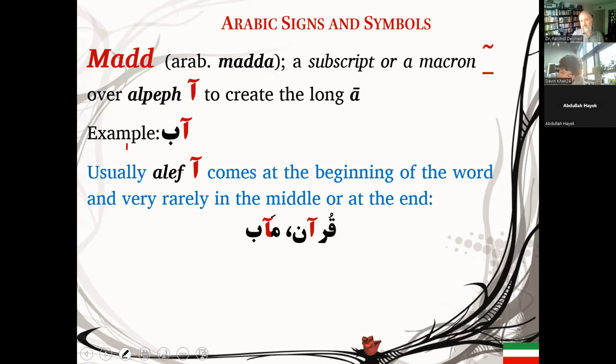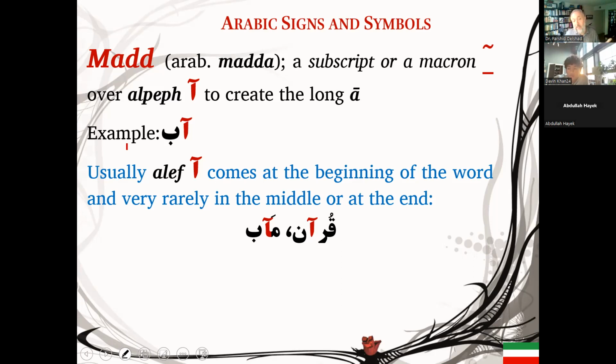So for example, you have it in the word Quran and in the word Ma'ab, which is the place of refuge when you go back. But it's really rarely the case that you would find the aleph with the tilde, or with the mat, in the middle of the word.